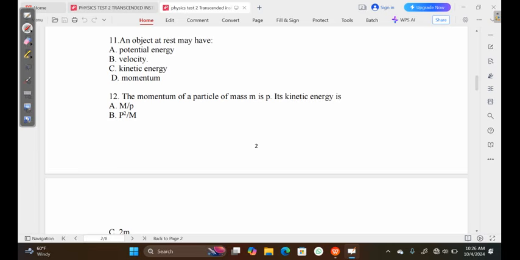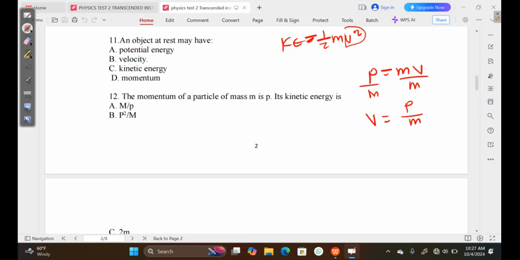Its kinetic energy is, so here these are just basics. Kinetic energy is equal to half mv squared, but again momentum is equal to mass times v. So let us make v the subject of the formula. I'll divide by m. So v will be equal to p over m. Where there is v here, let us replace it with p over m.